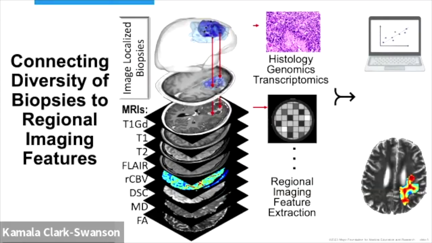Of course, our big vision, the big dream, is that through this we're going to be able to connect the biology to what we're seeing on the imaging, right? So the idea is you have your biopsies, then we have all this different clinical imaging that's available for these patients on our trial. You're able to figure out whatever biology you're interested in, histology, genomics, transcriptomics, and then connect it to the regional imaging features through the power of modeling and machine learning.